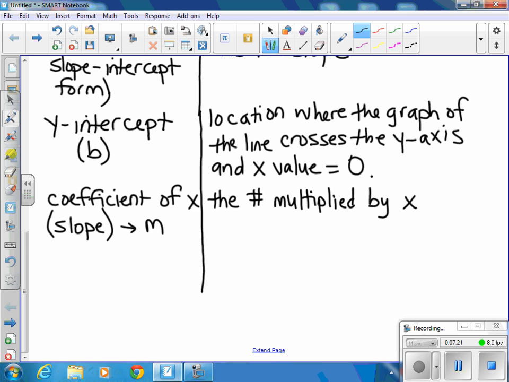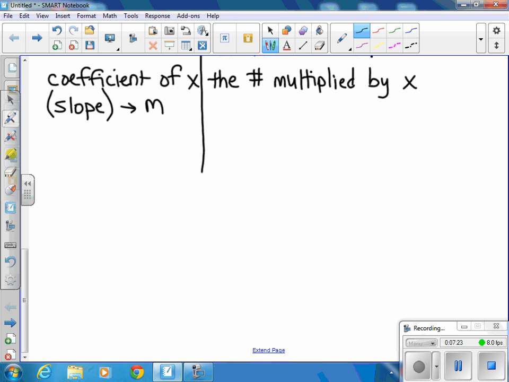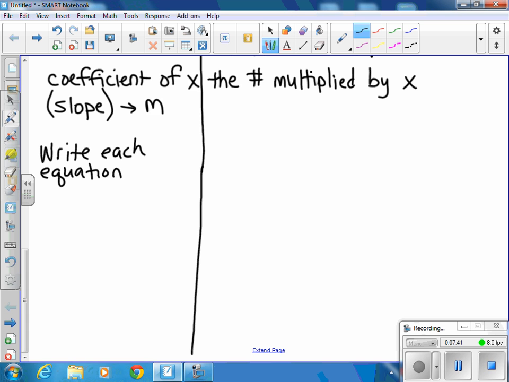Okay, so the next examples that we're going to practice with, because right now that's all been definitions and understanding of terminology, deal with something we did back in chapter 2, but you didn't realize you were doing it this way. All right, so the first thing that I'm going to have you do is to write each equation in intercept form.